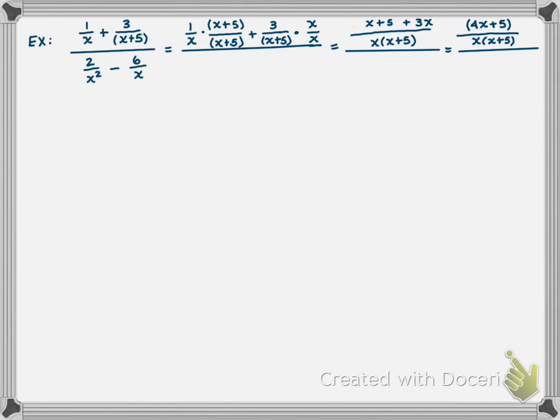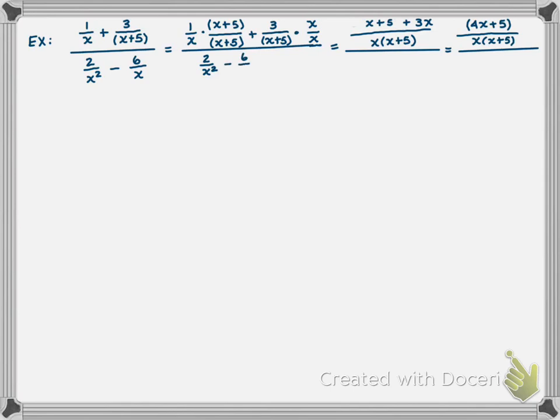And so now I'll come all the way back over here and do exactly the same thing in the denominator. So I'm going to get common denominators and then subtract. So our LCM here is going to be x squared, which means I don't have to do anything with 2 over x squared. It already has my common denominator.